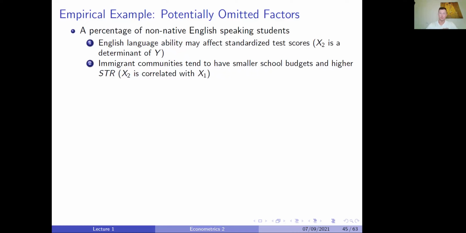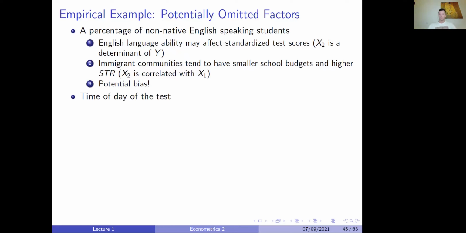It's potentially positive. The more immigrants you have, the higher the student-teacher ratio. So the direction of bias in this case must be negative, right? So there must be true beta 1 minus something, minus this negative bias. So let's see if it's true or not.